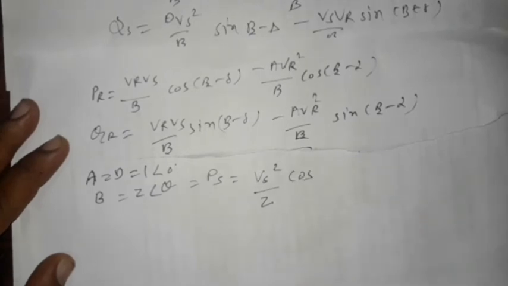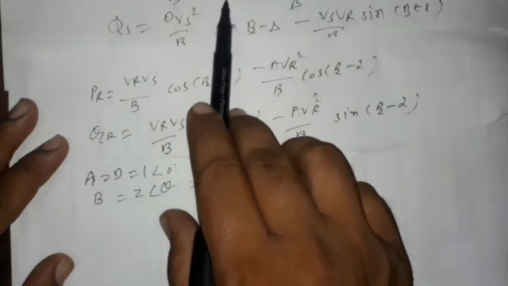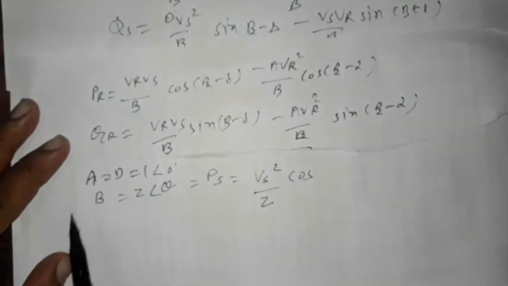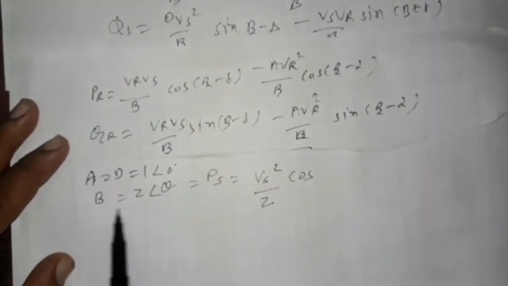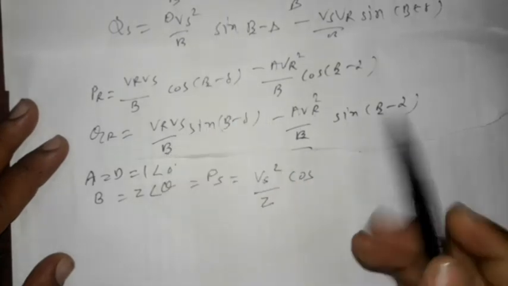Now cos beta minus delta. Here delta is the angle of D and beta is the angle of B. The angle of B is theta, so beta is equal to theta.